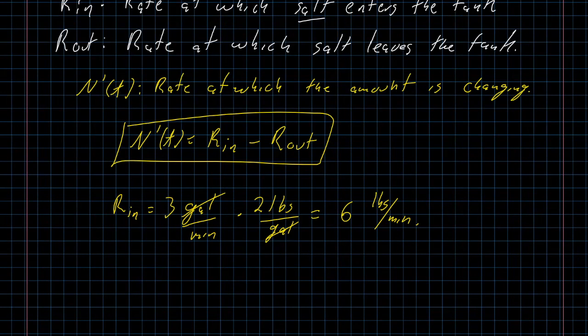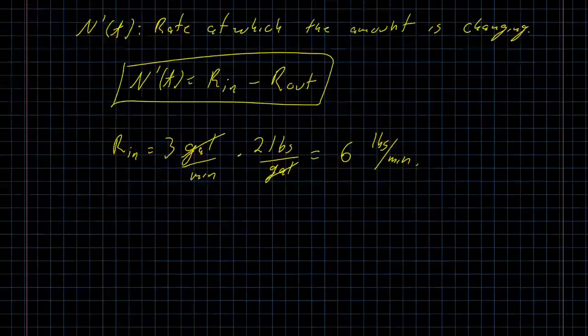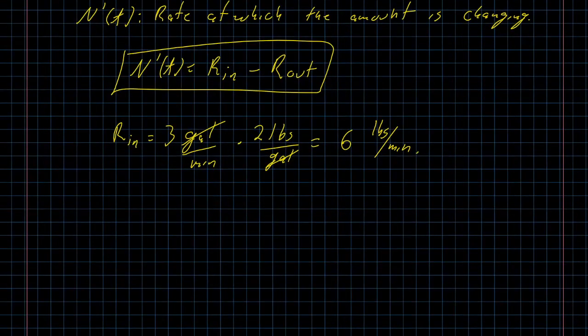The rate at which salt is leaving the tank is a little bit more cumbersome, but still relatively approachable. Well, again, water is leaving the tank at the same rate, 3 gallons per minute. And the concentration of salt is going to be changing.